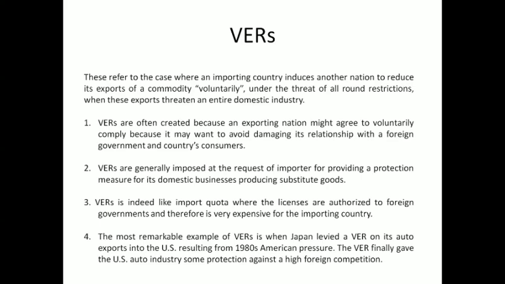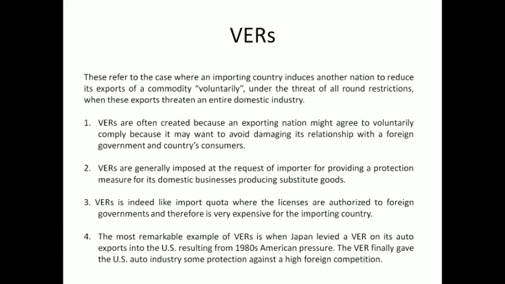We even have examples of the United States negotiating voluntary export restraints with major steel suppliers in 1982 that limited imports to about 20% of the US steel market. It has been estimated that these arrangements saved about 20,000 jobs, but raised the price of steel in the United States by 20 to 30%.